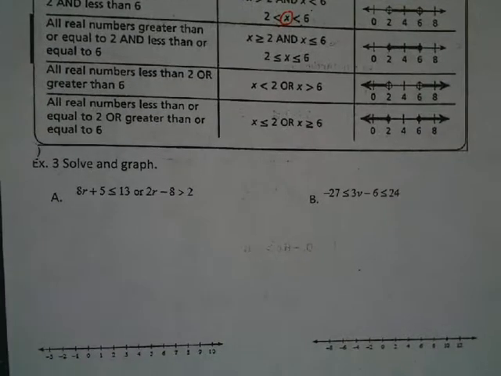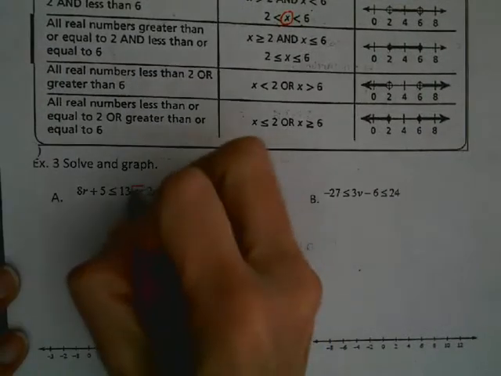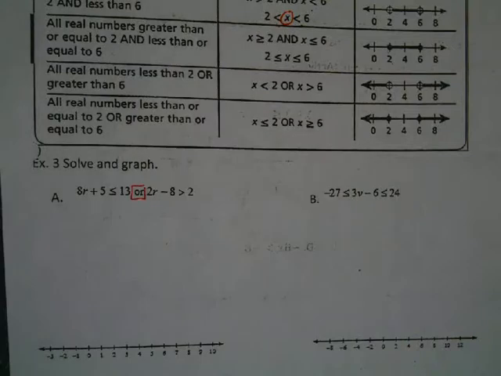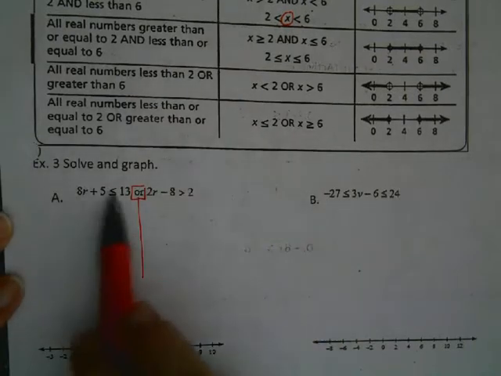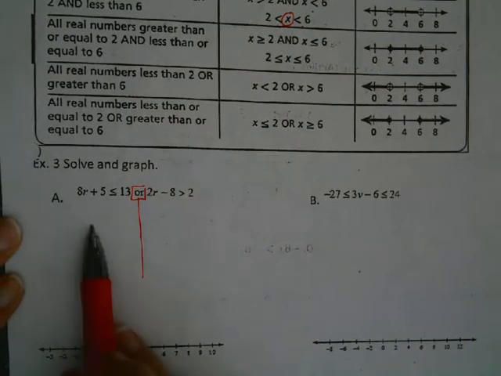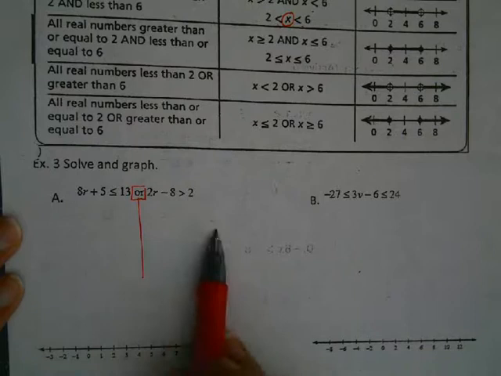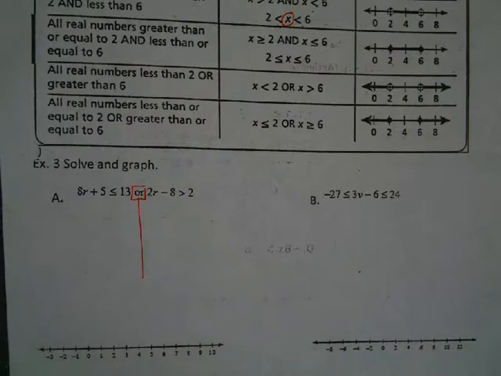All right, last example here, we have an OR question. In an OR problem, we work out the two problems individually. So let's focus on the left problem first. I'm just going to draw a wall here, so I can do all my work for this inequality over here. The opposite of plus 5 is to minus 5.